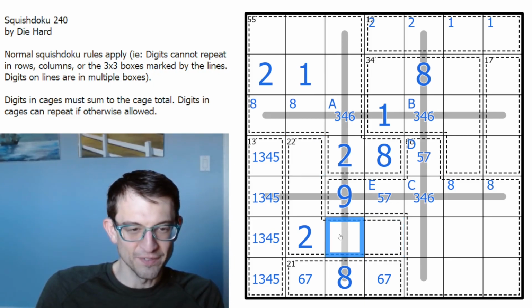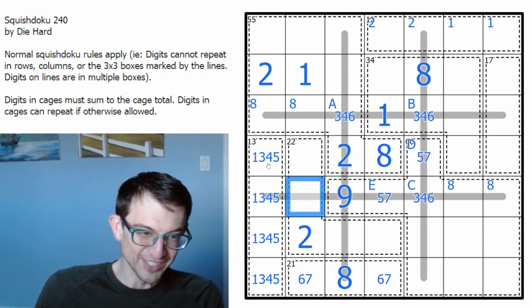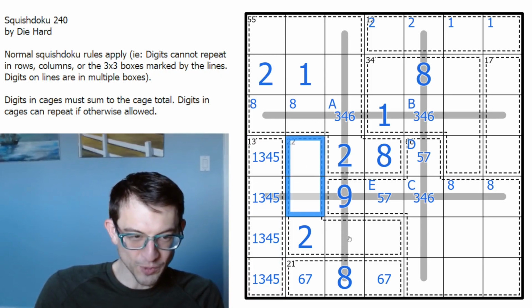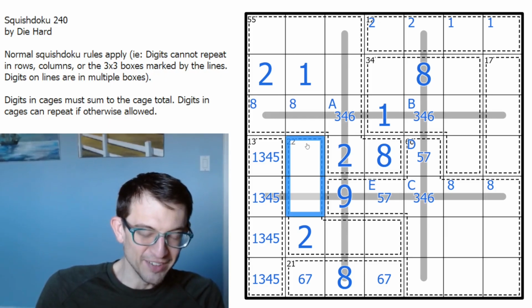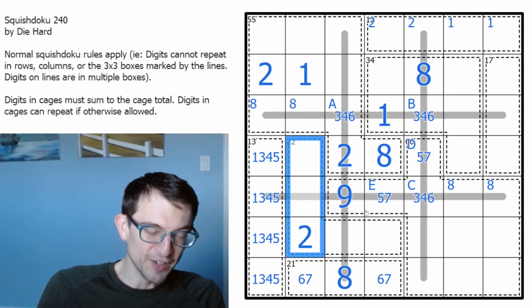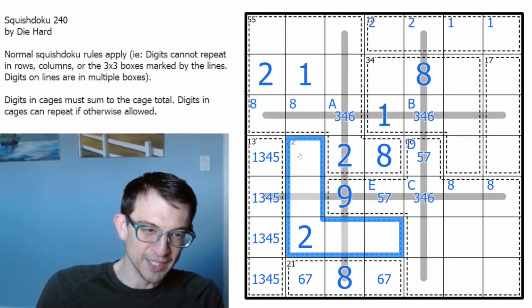And then 5, 3. I can't do that either because I couldn't put a 3 here. So no matter which way I try to do it, 6, 5, 4, 3, well, first of all, that's just not big enough. Even if I have 3, 4, 5, 6, or 6, 5, 4, 4 even, that only adds up to 19, plus this 2 would be 21. That's not big enough to make the box.